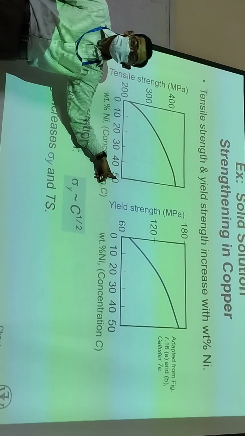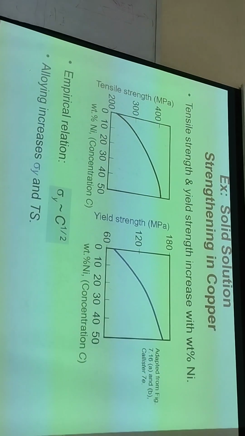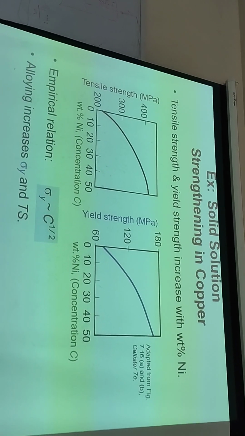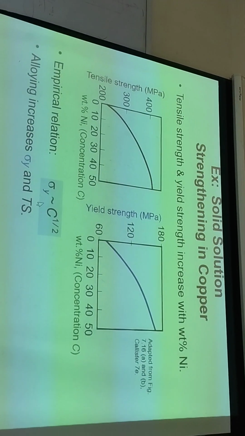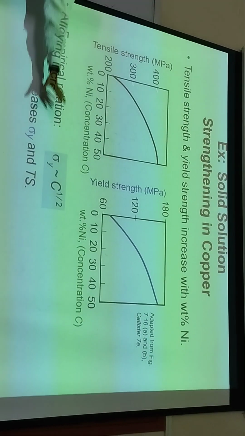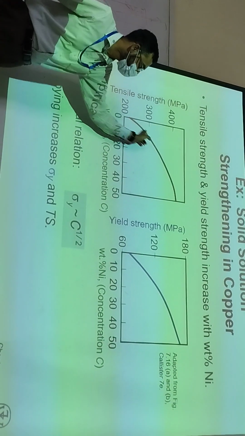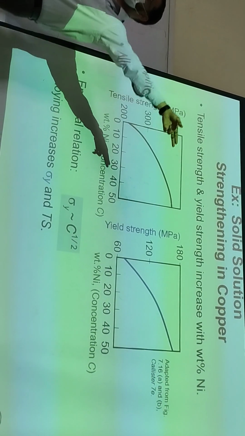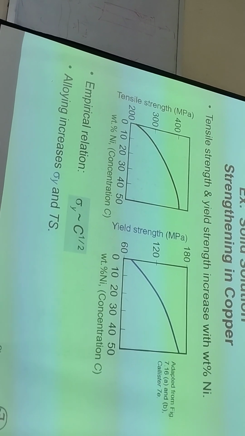When we increase the concentration of nickel, we increase the tensile strength as well as the yield strength of the pure sample. So the empirical result is going to look something like this. This is an empirical relationship for this particular curve, because you can see it looks like a quadratic curve. Otherwise, you have to look at it on a case-by-case basis.